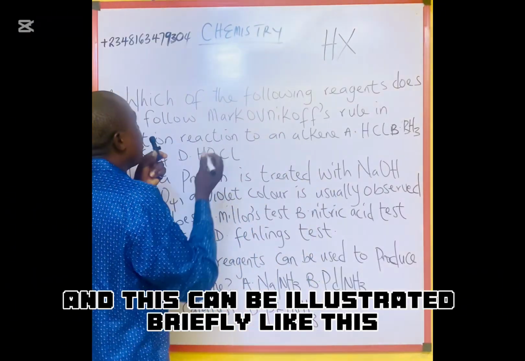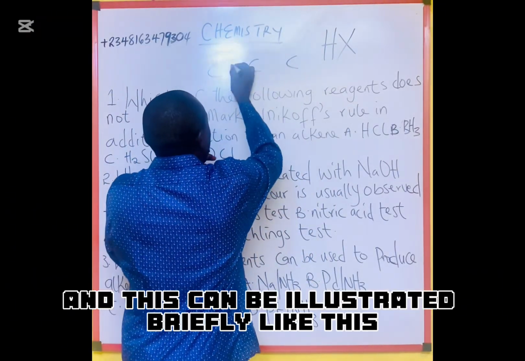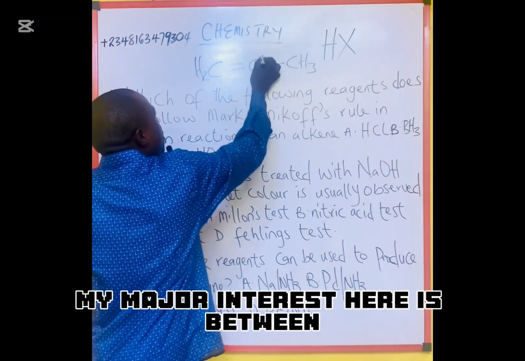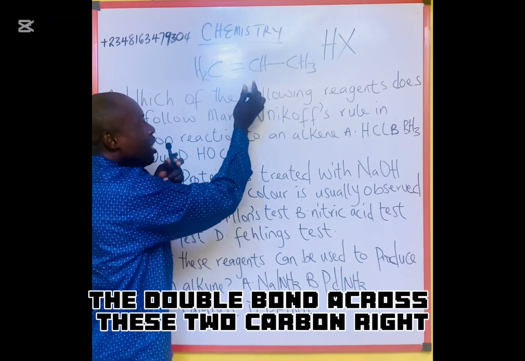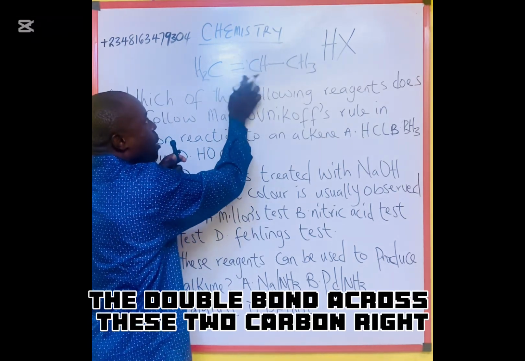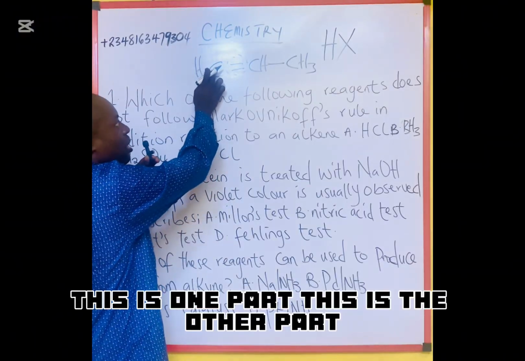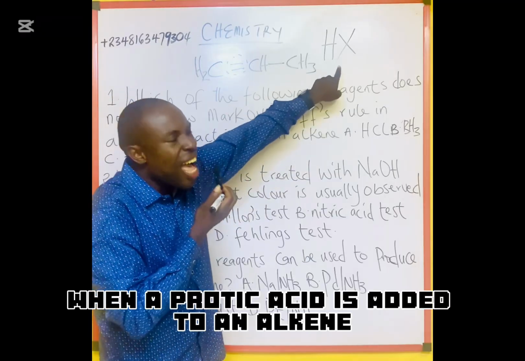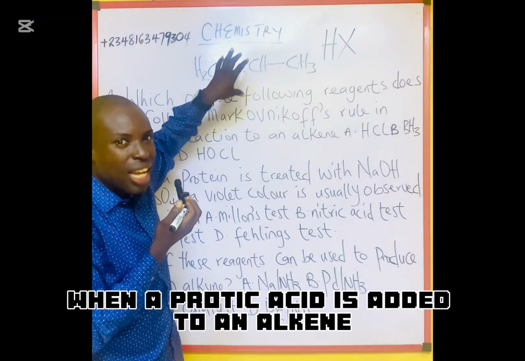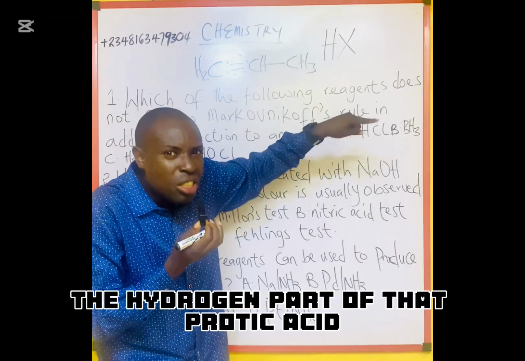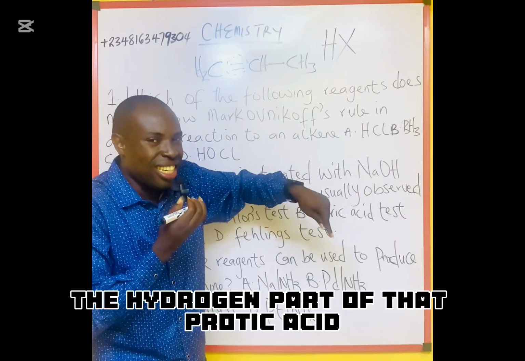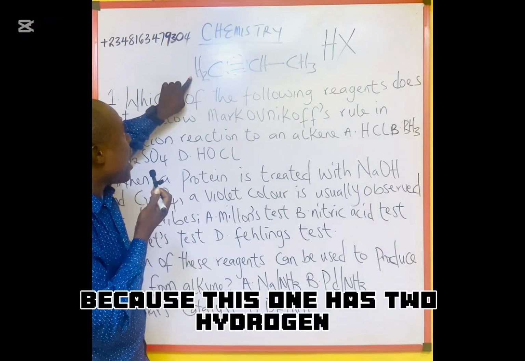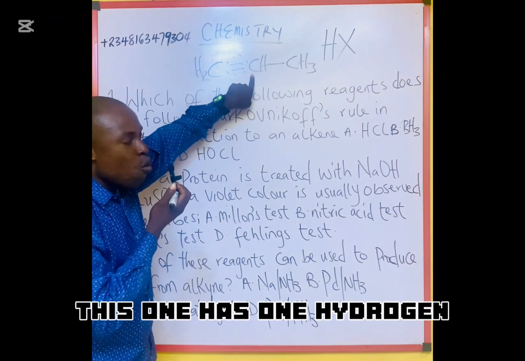And this can be illustrated briefly like this. If I'm having propene, for example, my major interest here is between the double bond across these two carbon, right? This is one part, this is the other part. Please take note. Now, when a protic acid is added to an alkene, the hydrogen part of that protic acid is added to the carbon that has more hydrogen, because this one has two hydrogen, this one has one hydrogen.